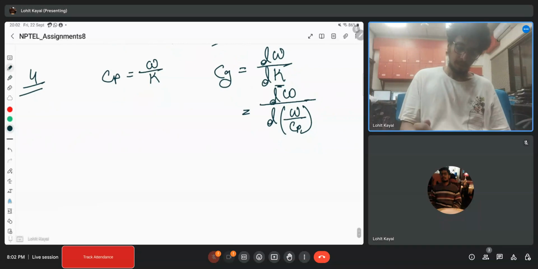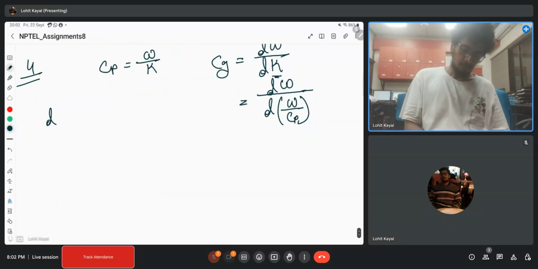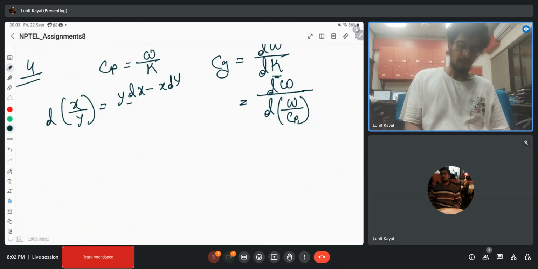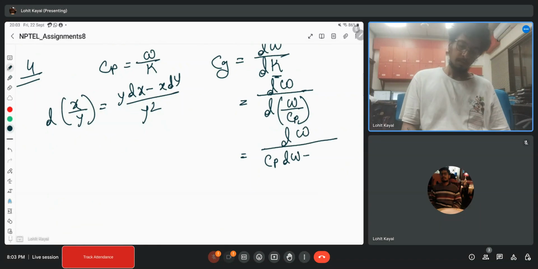Now d of x by y is equal to (y dx minus x dy) by y square. So we will get d omega divided by Cp d omega minus omega dCp by Cp square.